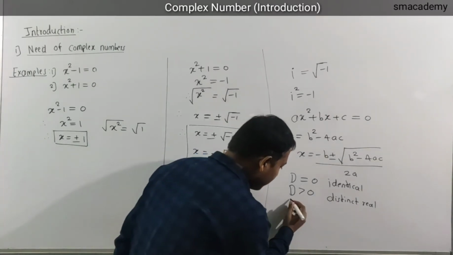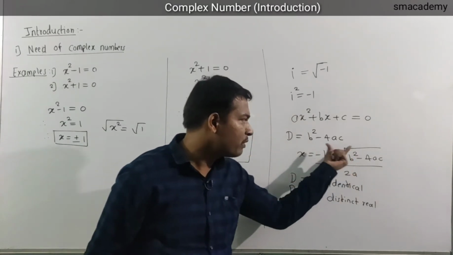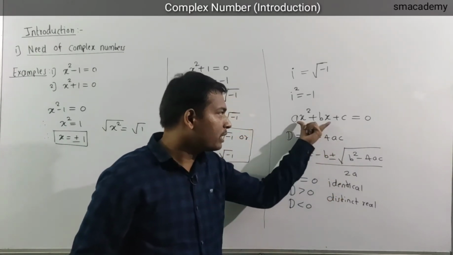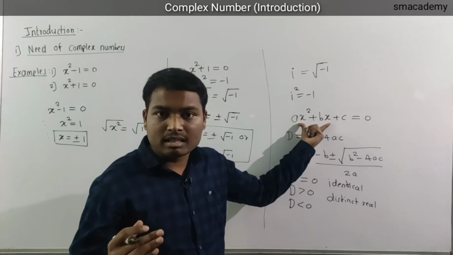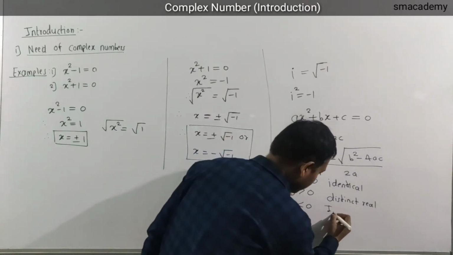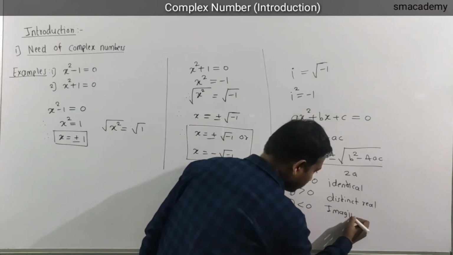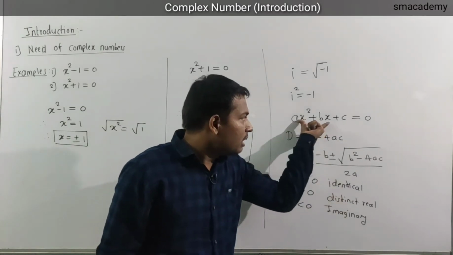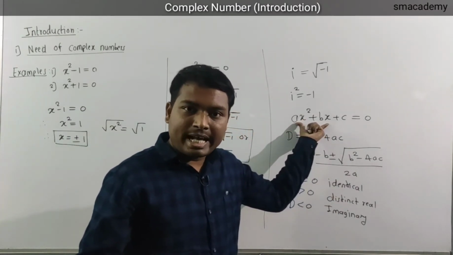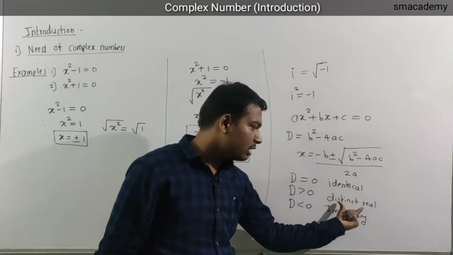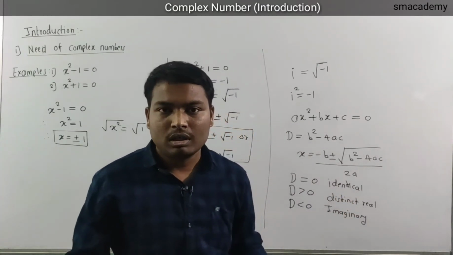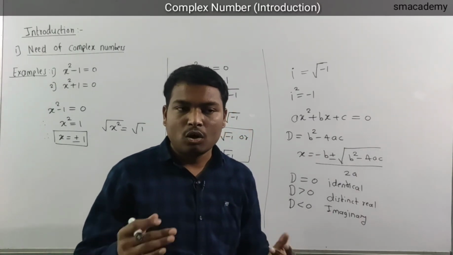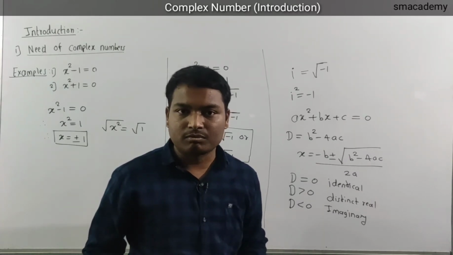Now, if the discriminant capital D is less than 0, meaning the value of b square minus 4ac is less than 0, then the roots of this quadratic equation are imaginary roots. But at that time we saw that the quadratic equation has identical roots, distinct real roots and imaginary roots, but we did not learn how imaginary roots are formed, what their types are, and how they can be written.